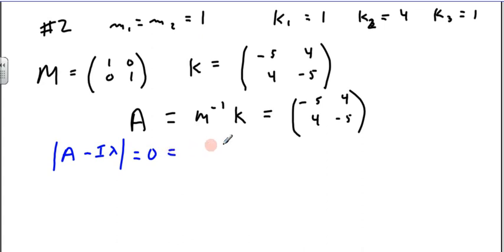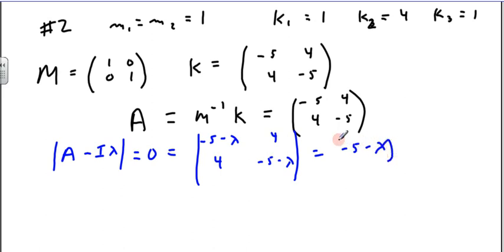And I'm going to have minus 5 minus lambda, 4, 4, minus 5 minus lambda, determinant. I have minus 5 minus lambda squared minus 16 is 0.